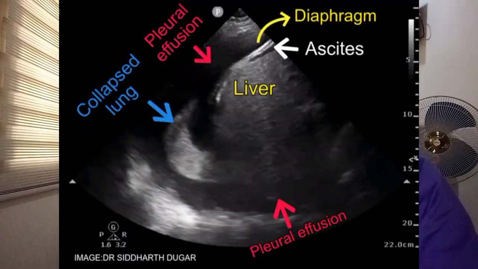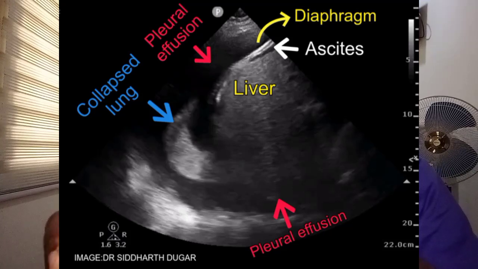Now this image shows a collapsed lung that you see as an echogenic structure, floating in fluid, which basically have the same echogenicity with liver or spleen.